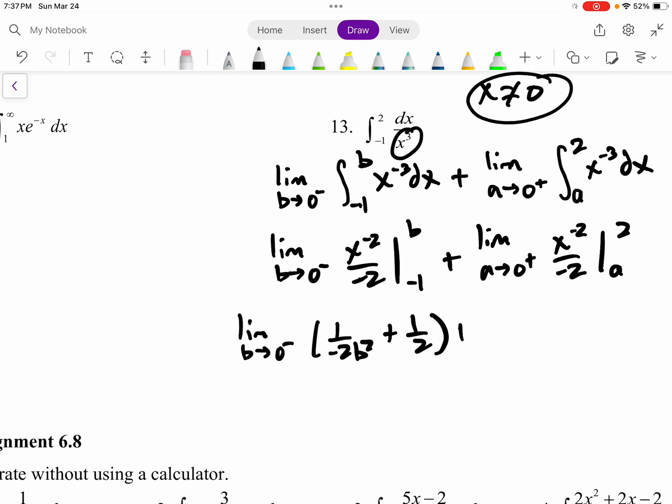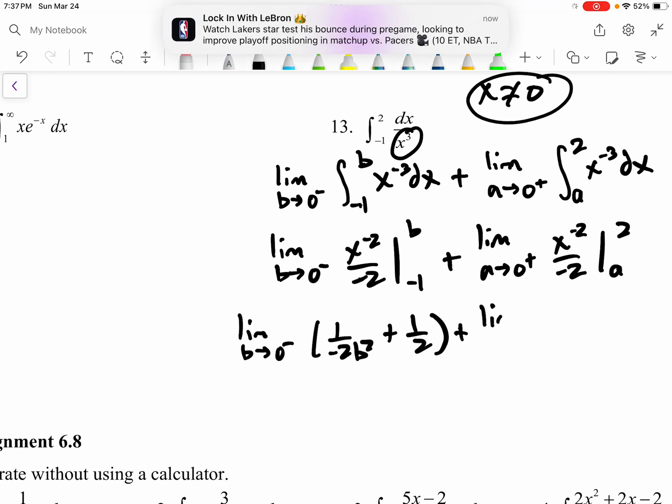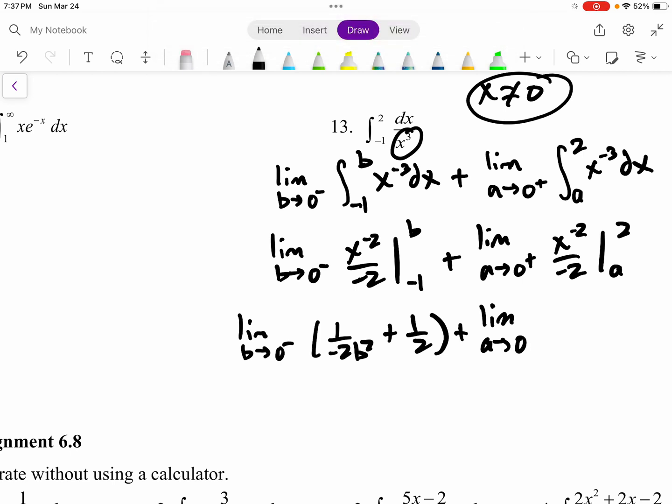Plus the limit as a approaches 0 from the positive side: plug 2 in first, and you end up with a -1/8, and then plug a in, you end up with minus a -1 over 2a squared, so plus 1 over 2a squared.